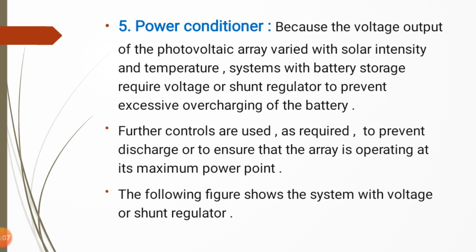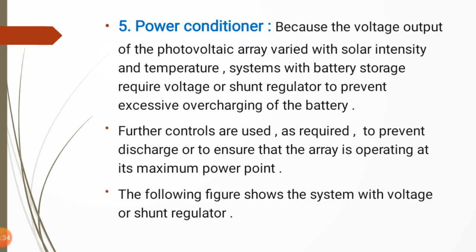That means other components are also used to prevent the discharge or ensure that the array is operating at its maximum power point. It means the array gives the maximum power. We can also use another component for that. So we have that facility also. So when we want, we can use it.